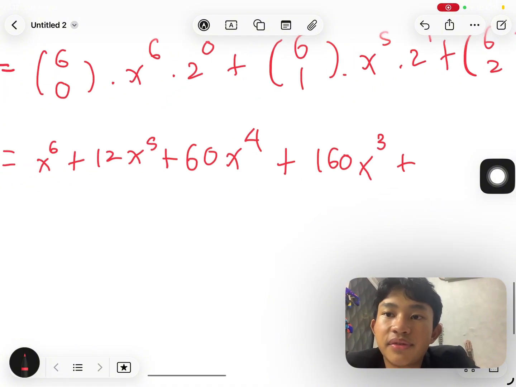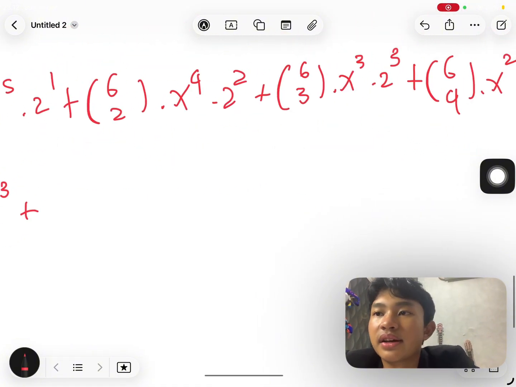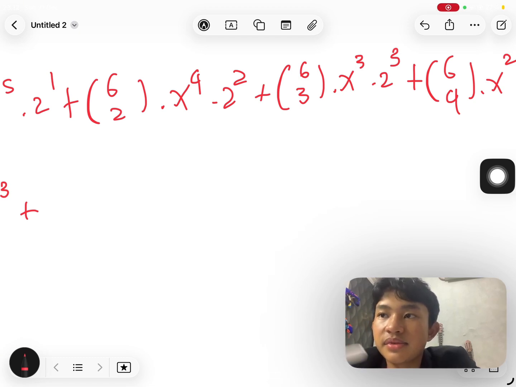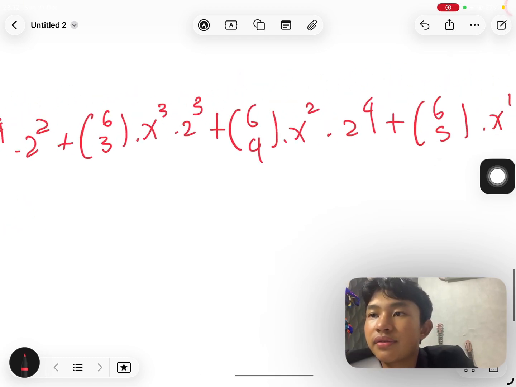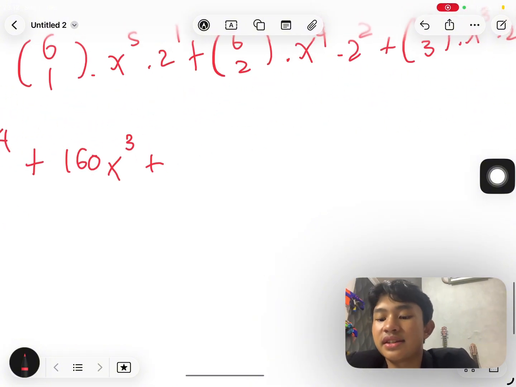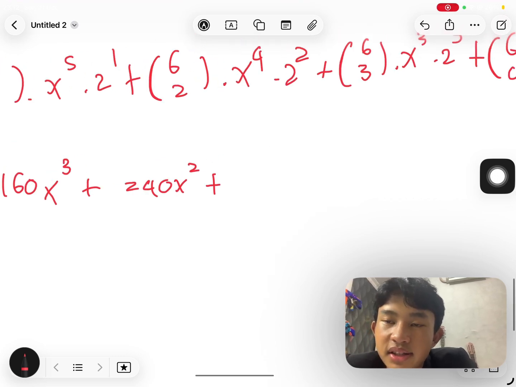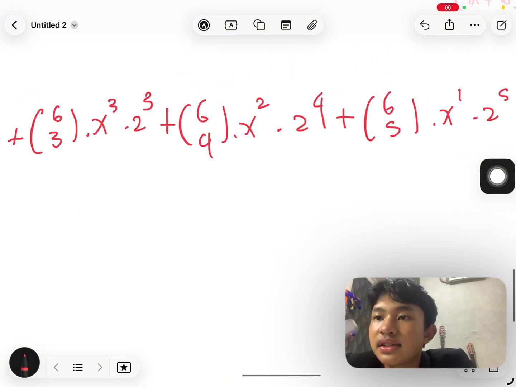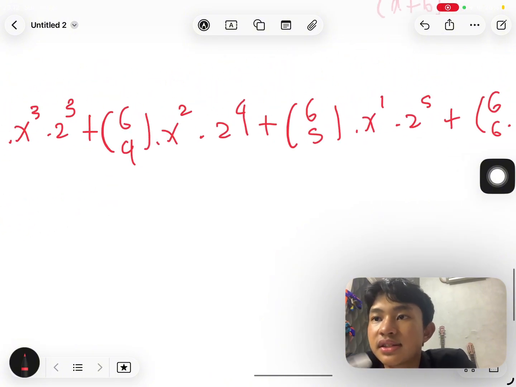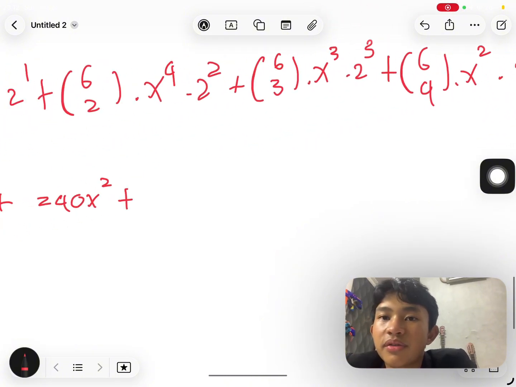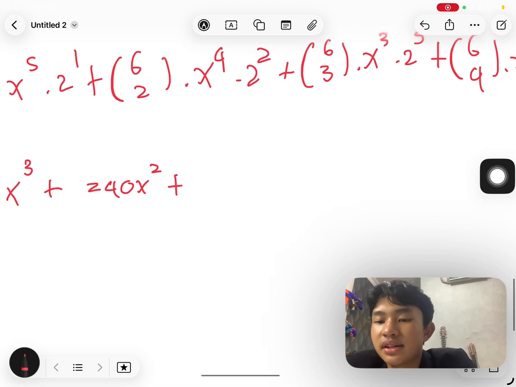And on the fifth term, we have 6 choose 4, which is 15, and then times 2 to the power of 4, 16. So 15 times 16 is 240, so 240x squared. And then on the sixth term, we have 6 choose 5, which is 6, and then times 2 to the power of 5, which is 32.